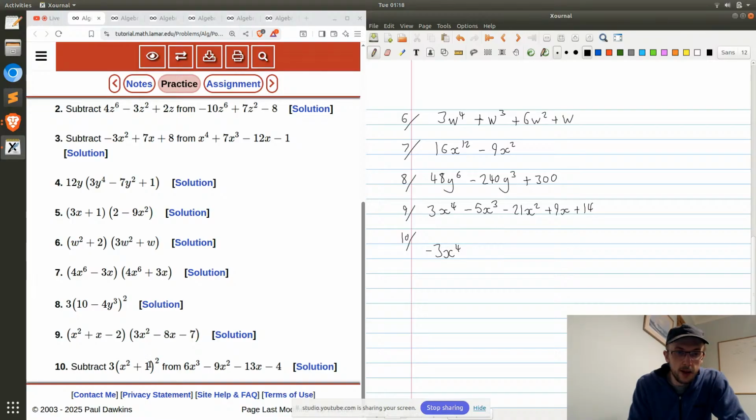Then I'm going to have 2x squared, which becomes 6x squared, which deducted from that will turn it into negative 15x squared. Finally, I'm going to have just 1, which tripled is 3, and subtracted from that is negative 7. Everything else will be left alone. So 6x cubed there, and negative 13x there.